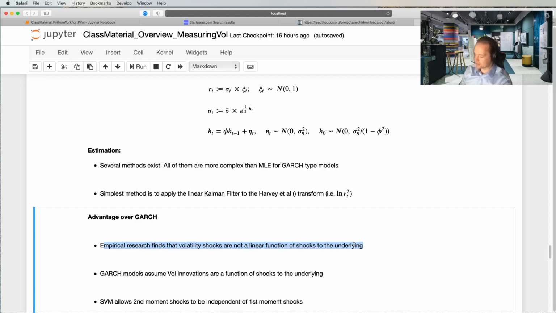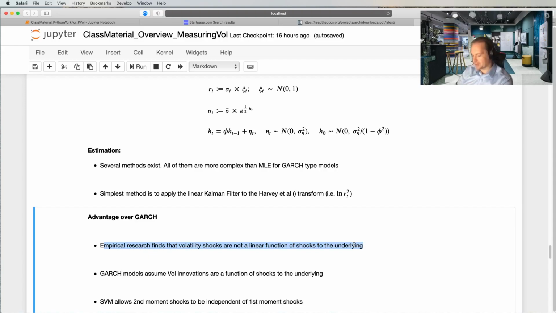And that doesn't work with the return. That's why I was asking you, not only with the underlying. You need something that captures the movements in volatility. And that is how we know that volatility is driven by shocks that differ from return shocks.